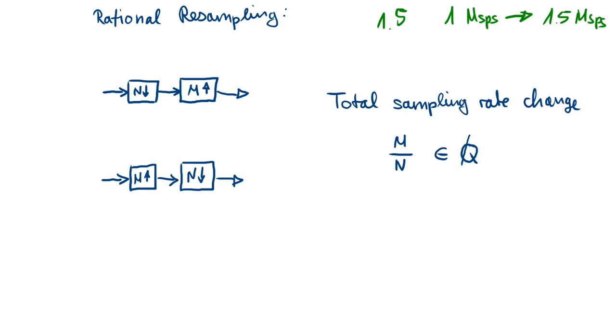It's not impossible, but you need to make a trick, and this is called rational resampling. You just combine a decimator and an interpolator, and then you can determine the total sampling rate by just dividing the interpolation factor by the decimation factor. So you can also change the order.